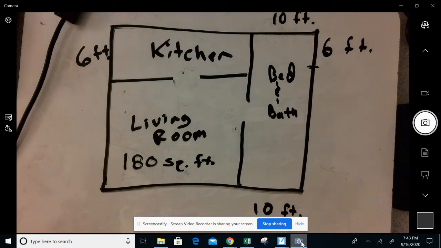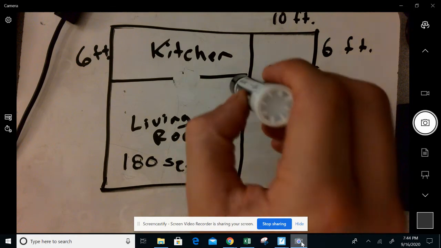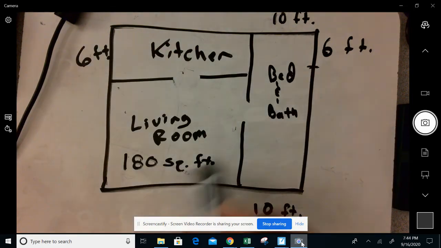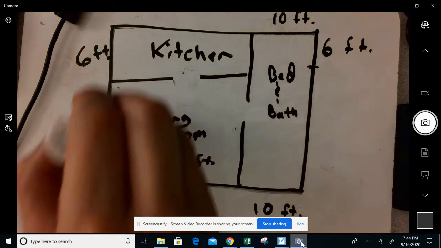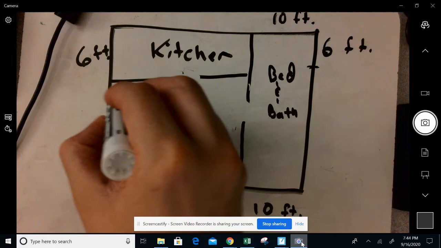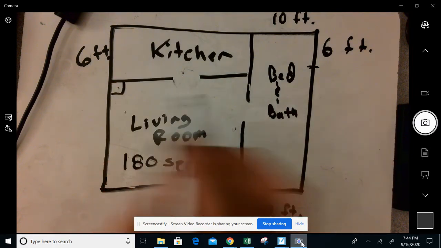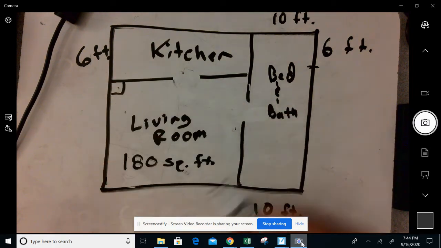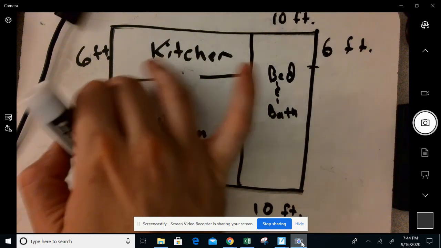So the living room is 180 square feet. That means that if we laid a carpet out, and it was 180 square feet, it would perfectly cover the surface of the floor. Think of it as 180 foot squares being inside of this rectangle.